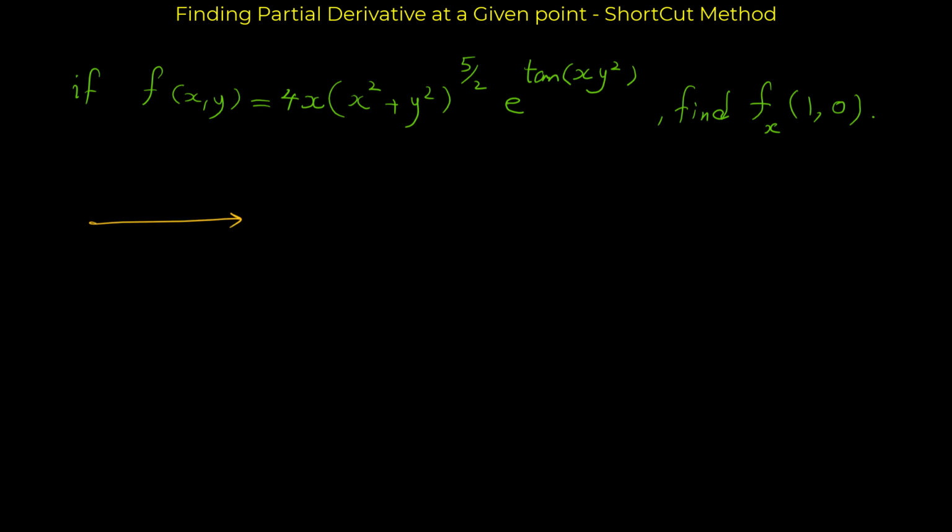First we plug in 0 for y because we want to find the partial derivative with respect to x. So we have nothing to do with y. y is a constant, and because y is a constant, we plug in 0 for y first.